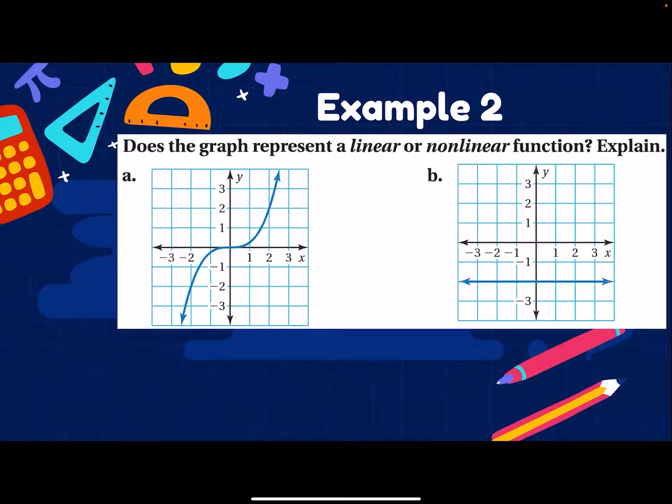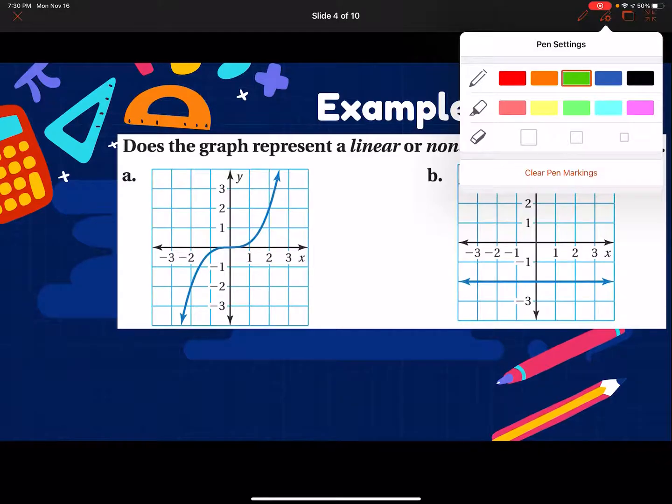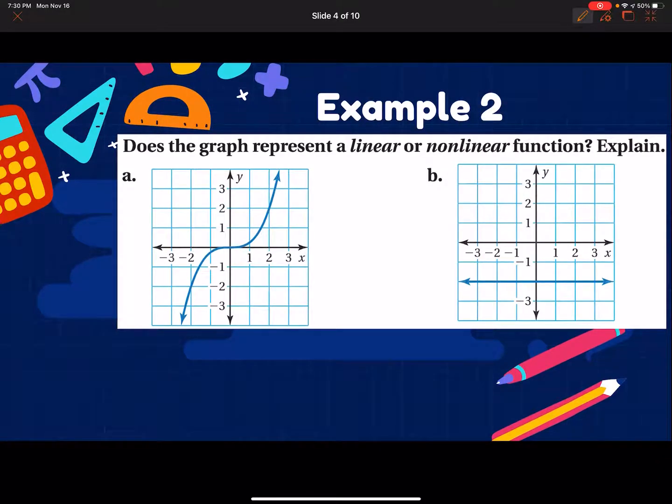Okay, example 2. Now we're actually going to look at graphs to determine whether they represent a linear or nonlinear function and explain. Now this is pretty simple when you look at a graph because obviously you can tell if it's a line or not a line. The part that we're going to explain is simple as well.